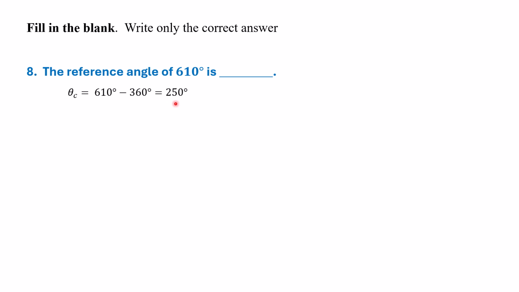So we get 250 degrees. From this 250 degrees we can find the reference angle. Since this is more than 180, remove the 180, and you will get 70 degrees, which is an acute angle. So this is the reference angle for 610 degrees.